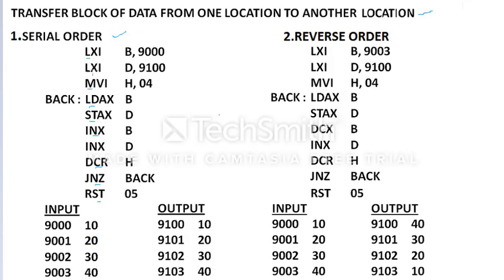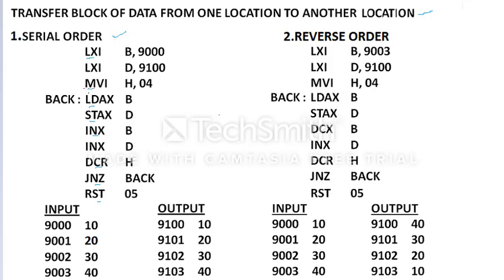So first, before moving to the program, let us understand what these instructions mean. LXI stands for load immediately particular 16-bit data from the particular location to any register pair like BC, DE, HL pair. So we are loading immediately, or initializing some location, to any register pair.